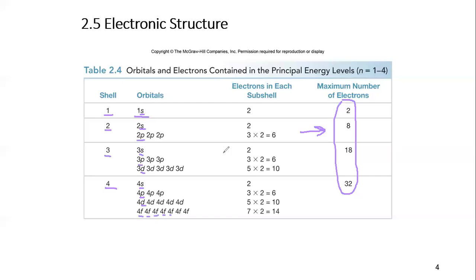For the third shell or energy level, s can hold 2, p can hold 6, and d can hold 10. That's where we get the total of 18 electrons. So depending on how many electrons you have, you start with the lower energy level and you start working your way up. And there are some rules to know which shells and orbitals are lower in energy than others.